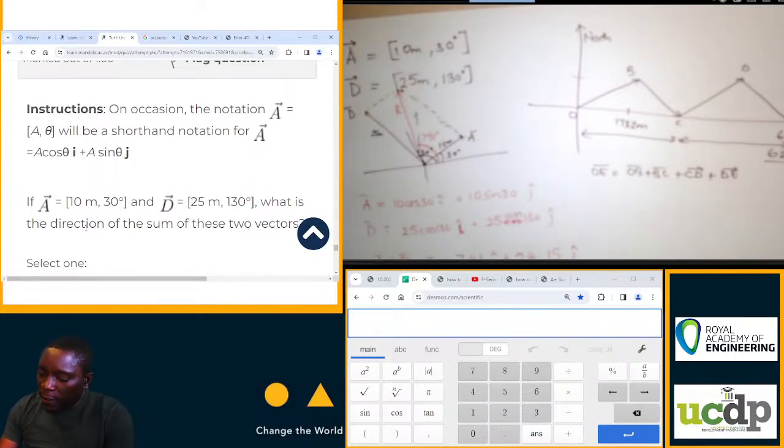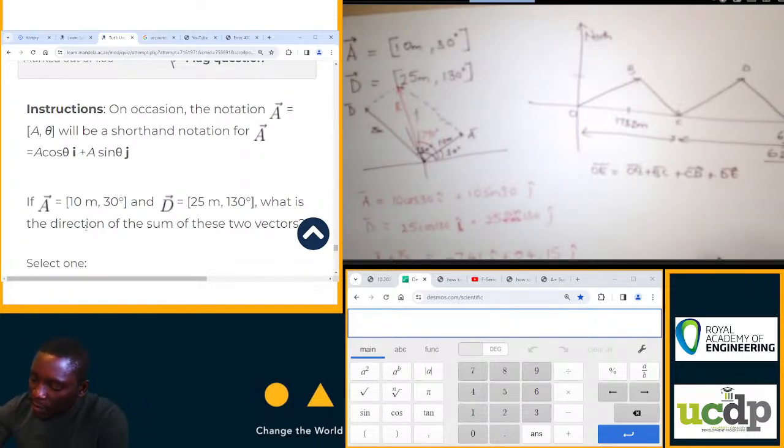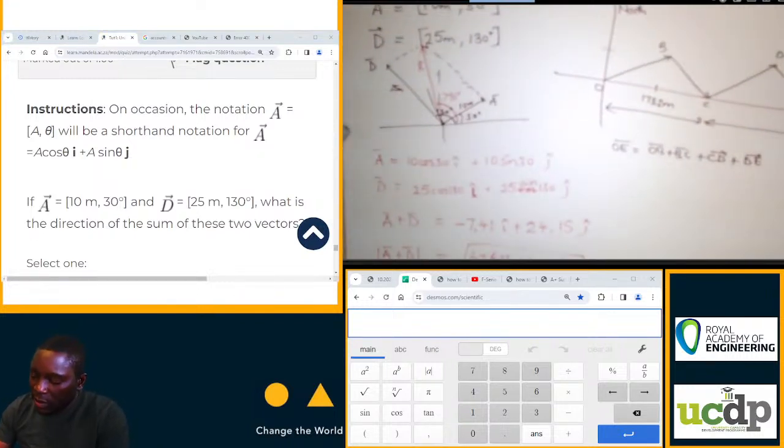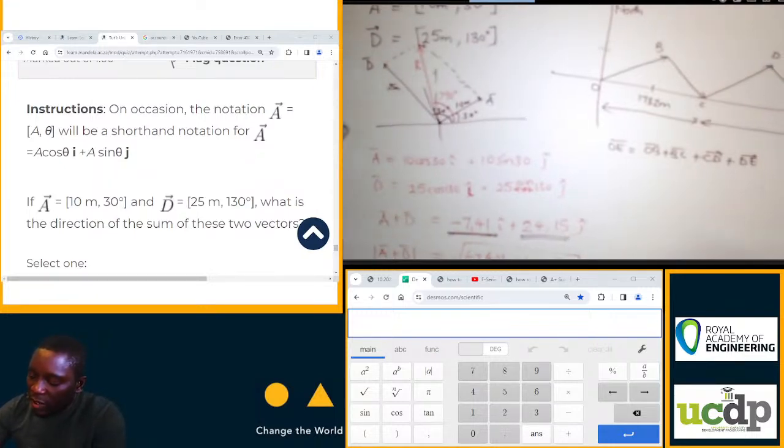And in this case, we have the components of this resultant as the sum. Remember, we had got these values, negative 7.41 and 24.15.